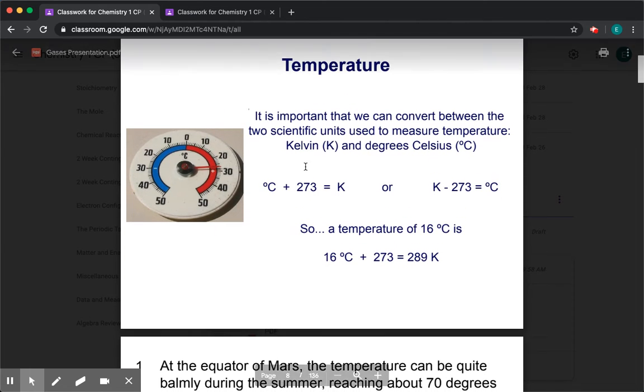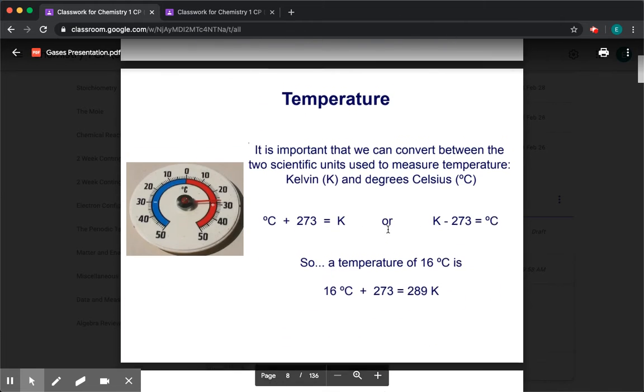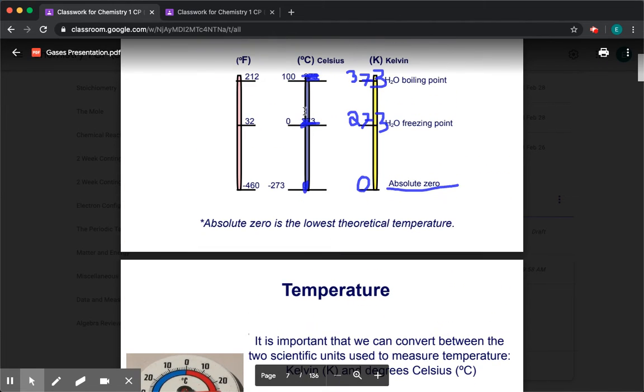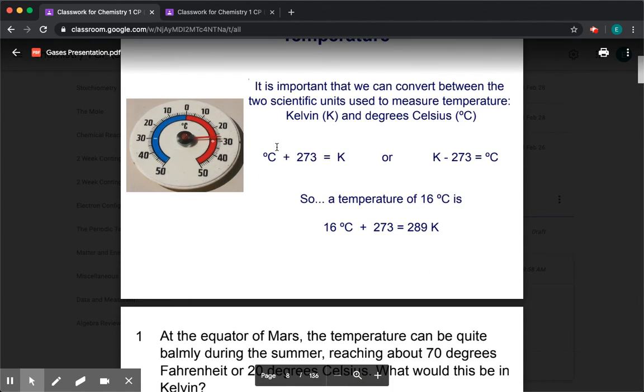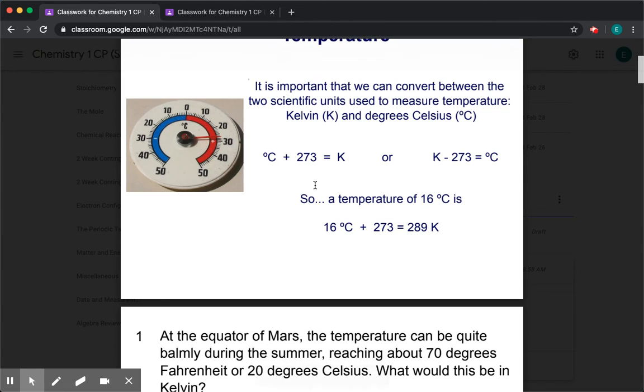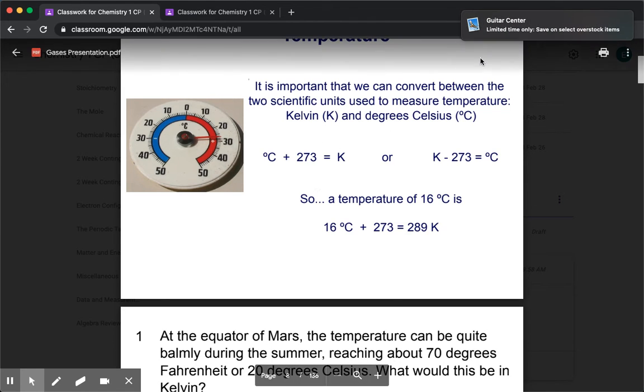Okay. The scale for Celsius and Kelvin are the same. What I mean by that is that if you increase Celsius by 1 and convert that to Kelvin, you basically increased Kelvin by 1. The only difference between Celsius and Kelvin is that Kelvin has a 273 boost, if that makes any sense.